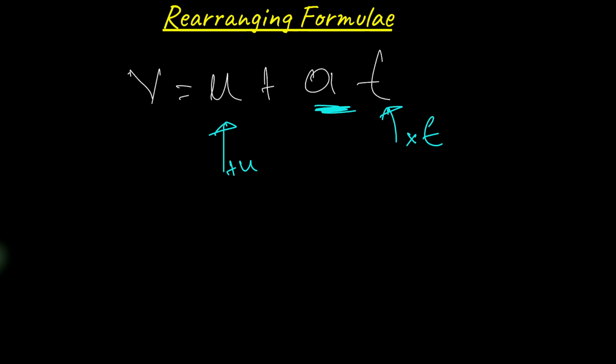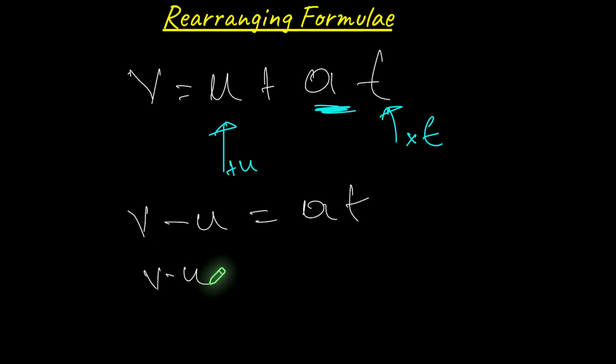So here, you would first need to subtract the U. So you would end up with V minus U equals AT. So that's when we subtract U from both sides. That's what we have. And then this is where you can now do the inverse of multiplying by time, which is to divide. So this would give us V minus U all divided by T equals A. So if we're dividing some quantities, like in this case, it's everything that's on the other side that you're dividing. So it has to be all divided by T.